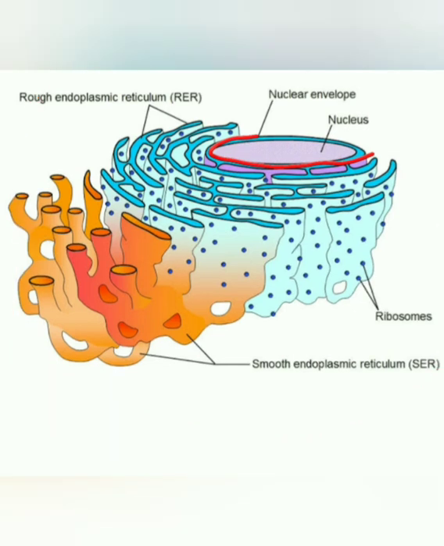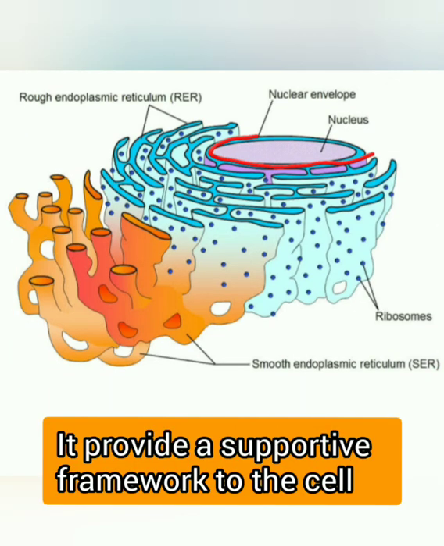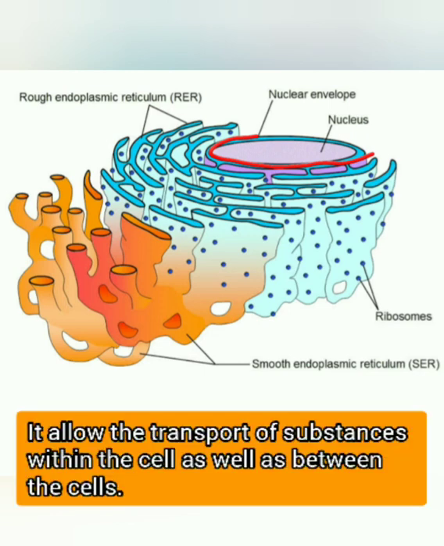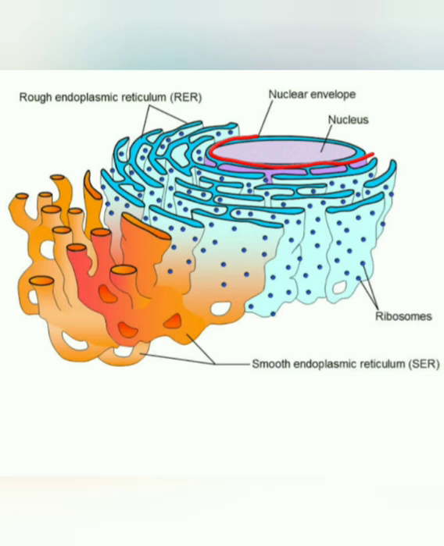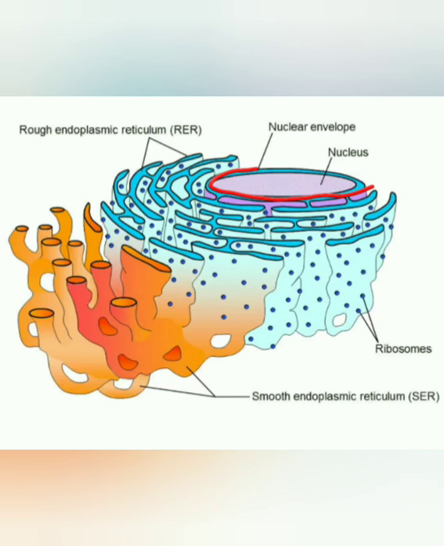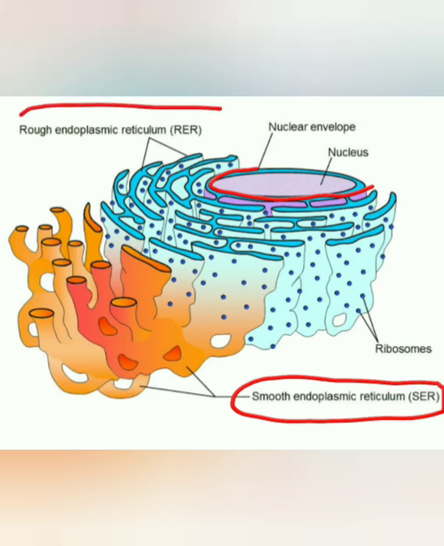Now, what is its function? It provides a supportive framework to the cell. The endoplasmic reticulum allows the transport of substances within the cell as well as between the cells. There are two types of endoplasmic reticulum. As you can see, smooth endoplasmic reticulum (SER) and rough endoplasmic reticulum (RER).